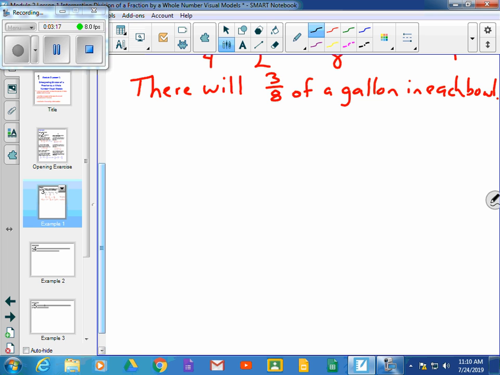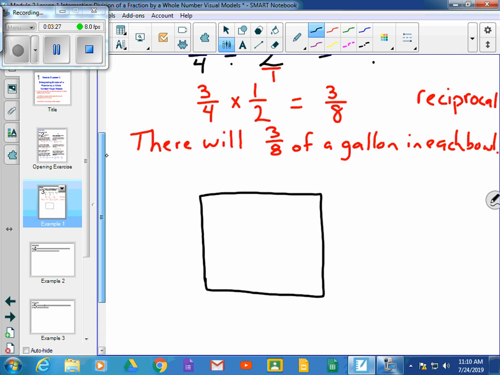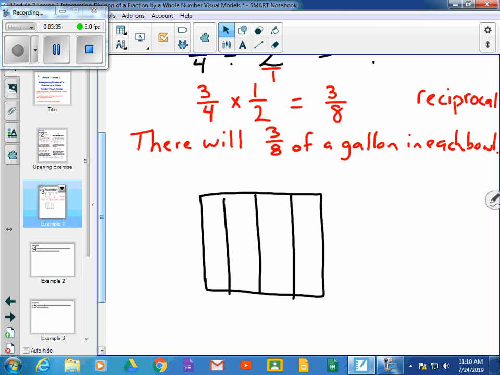I'm going to always start an area model as a square, and I want to first draw my total. My total, again, is 3/4. So I'm going to represent 3/4 by splitting this square into 4 pieces, and then I'm going to color in 3 of those pieces.